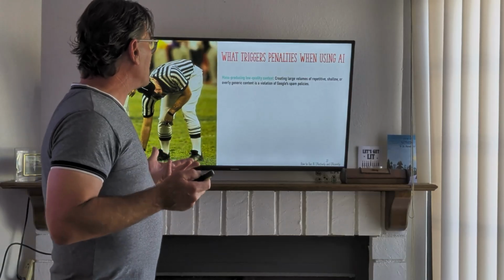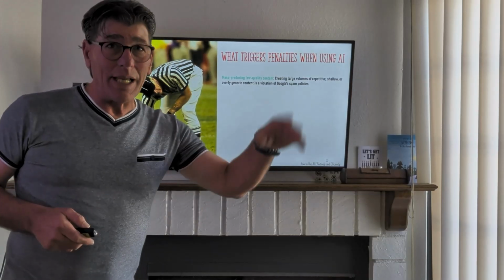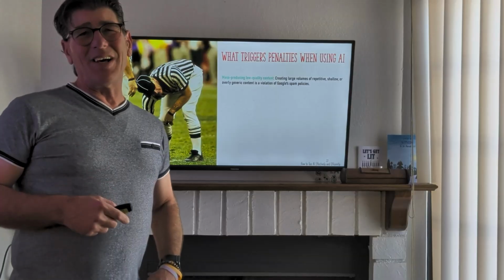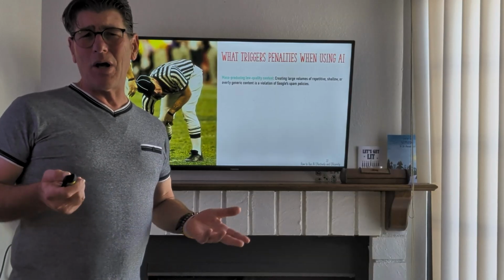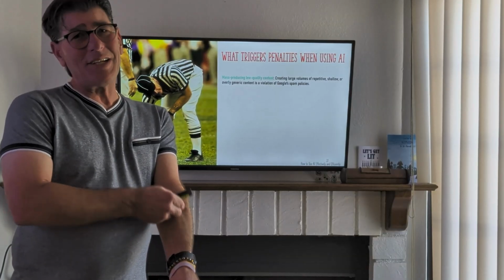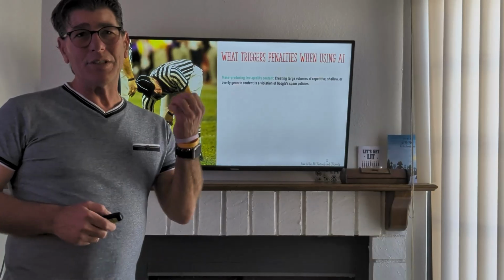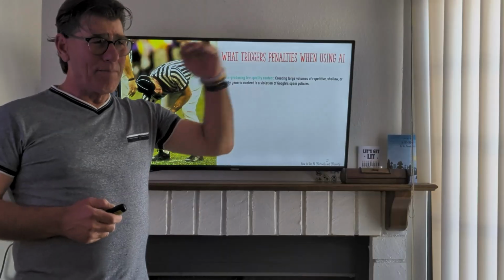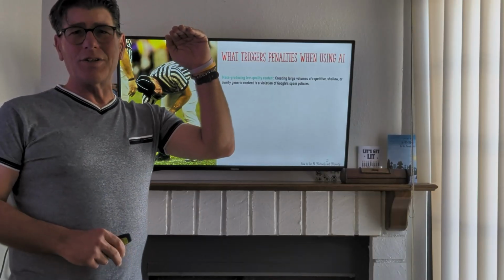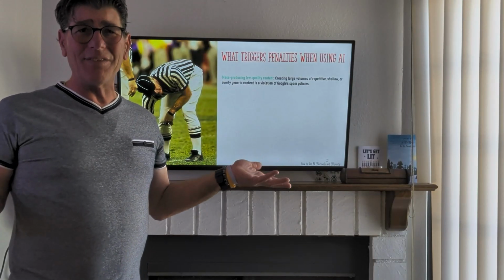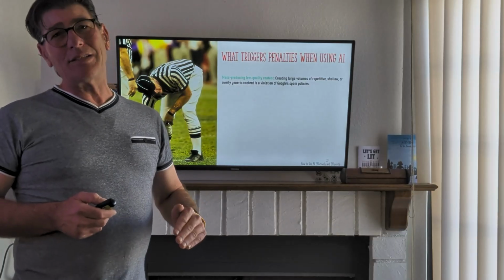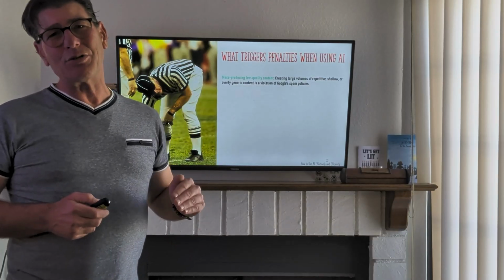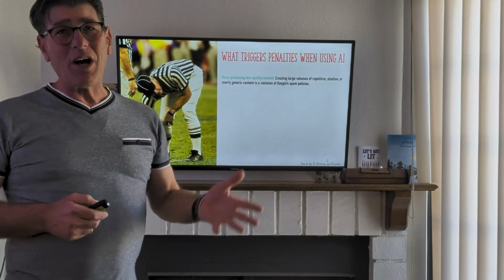Well, mass-produced low-quality content, so letting AI just do its thing. You see a lot of that stuff, like with bloggers. They're looking for hits. They're not looking for quality of content. They're going to try to get you in. It's very on-the-surface generic stuff. You'll read this long article and you'll walk away going, what did I just get from that? In fact, it was plagued with punctuation and grammatical errors. It was awful, right?